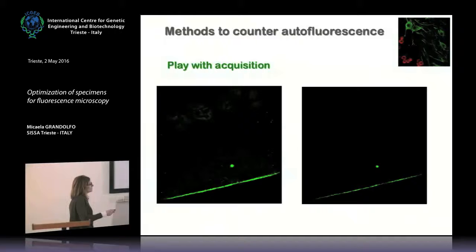So the antigen was located here in the cilia, and the other light coming from the other part of the sample was just autofluorescence. So you can play with the acquisition to obtain the staining of the cilia alone.